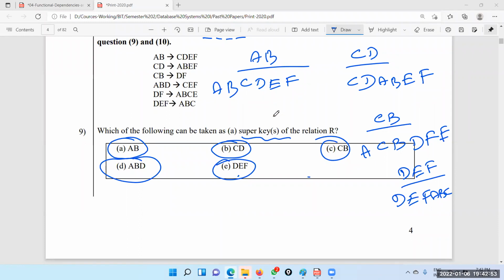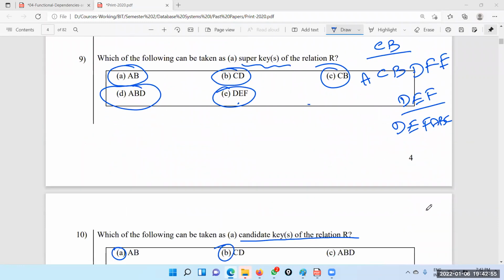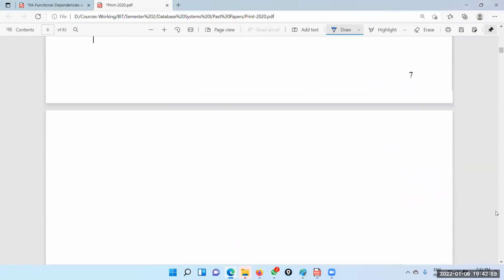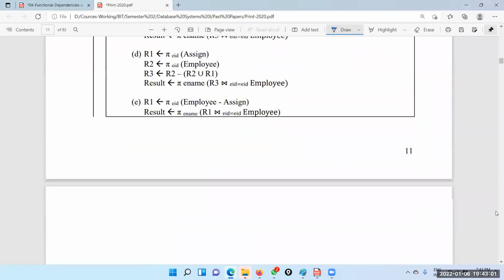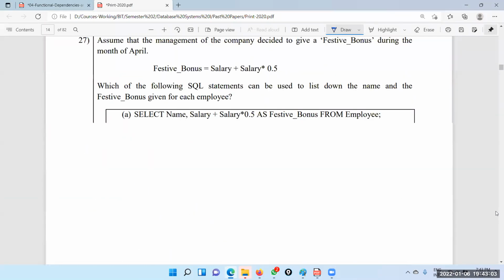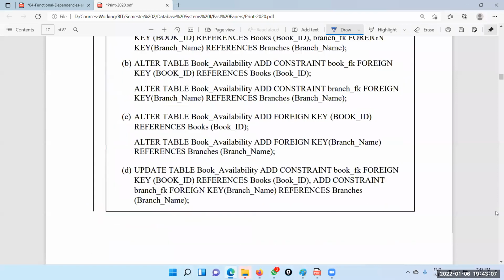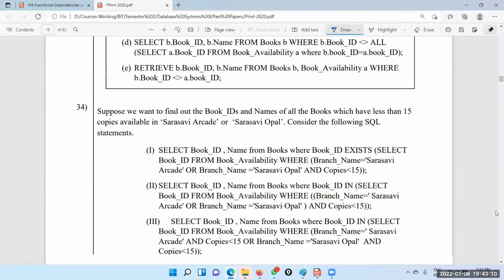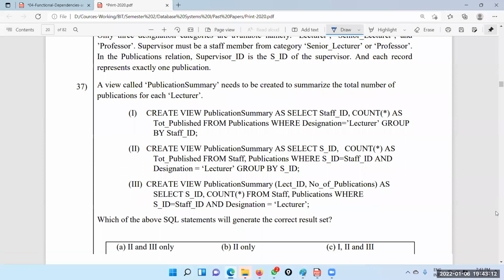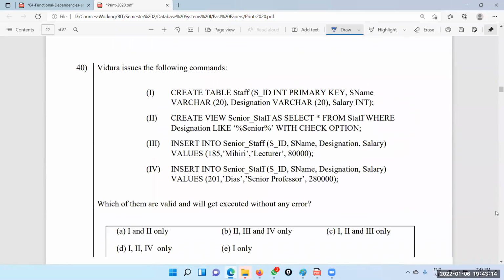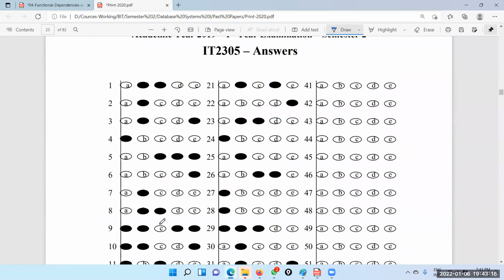Okay, let's double check the answer also. The answer is everything other than C, right?